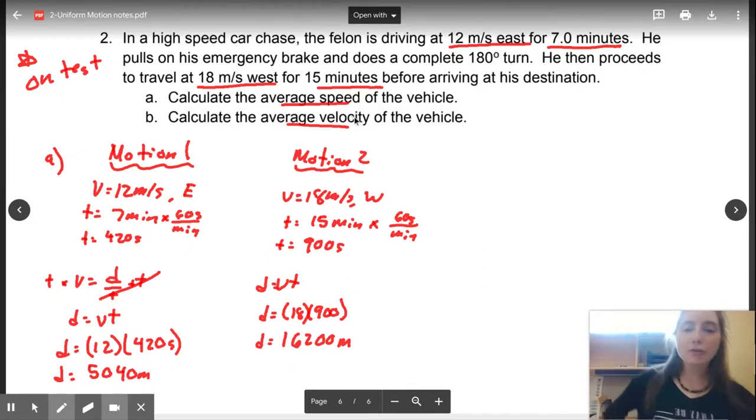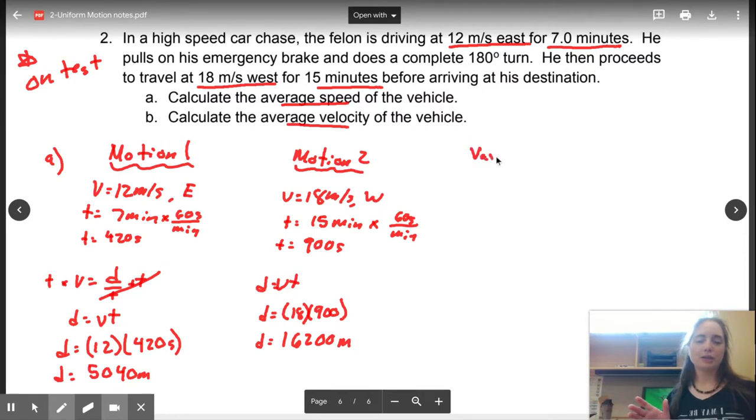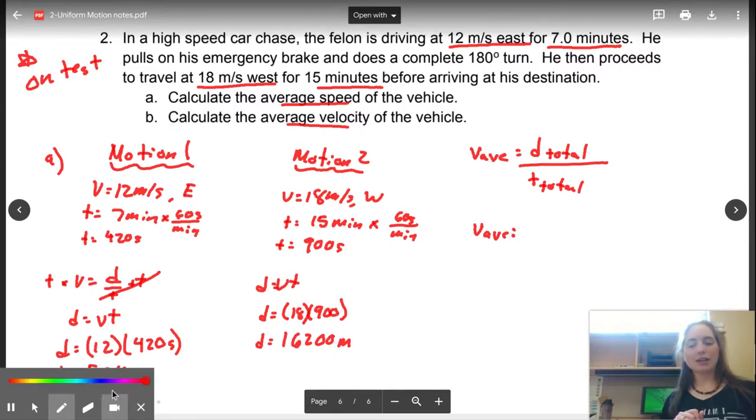All right, so we have our scalar values here. We have average speed of the vehicle. Okay, so I am going to write up my equation. So V average is equal to distance total over time total. Okay, so for that, ladies and gentlemen, my total distance, well, I need to take these two numbers here.